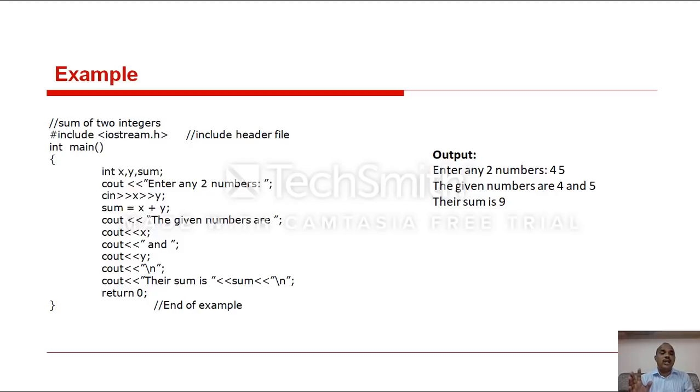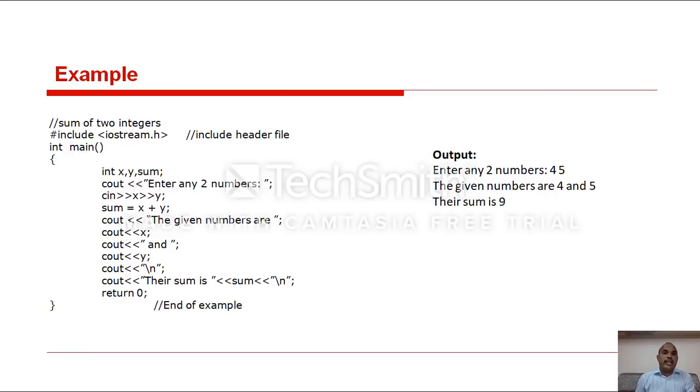Why is it called that? All the features of C language, all the data types, all the operators, all the keywords are placed in C++. Some additional keywords and some additional functions are added to C. So that is called the C++ program.